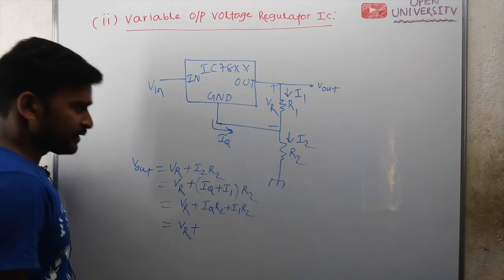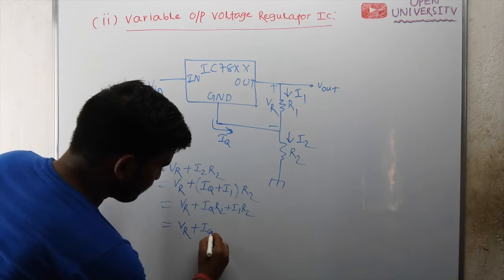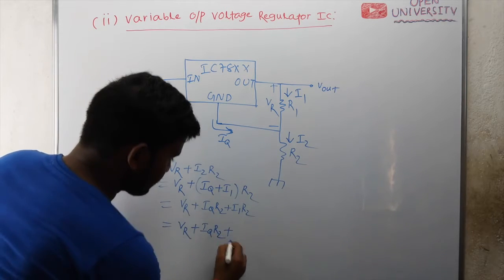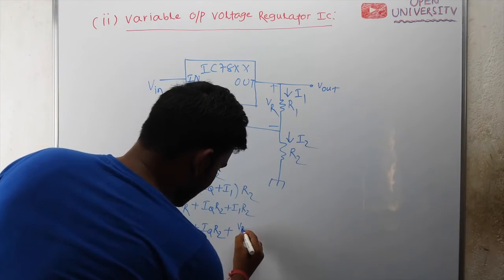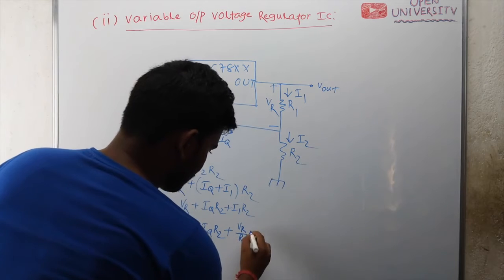What is the value of I1? I1 equal to VR by R1, into R2.